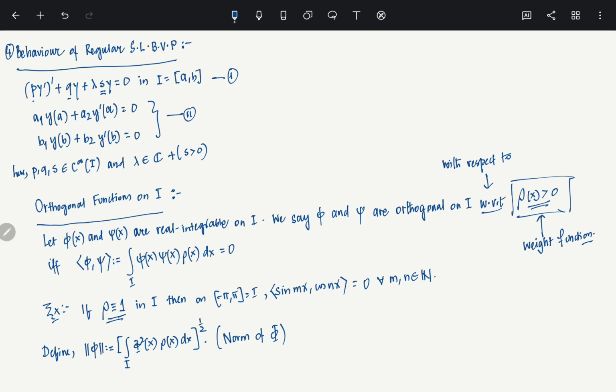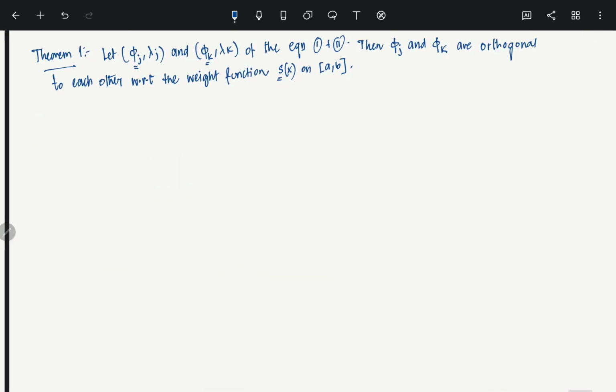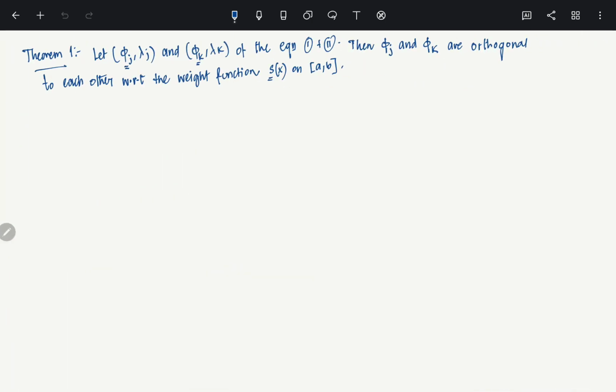So with that in mind, we need to prove this. What am I saying? You have two distinct eigenpairs. If that happens, then the eigenfunctions have to be orthogonal to each other. So how do you get it?